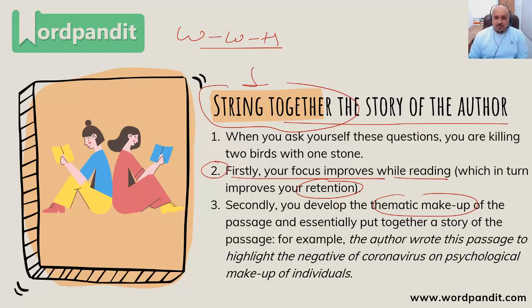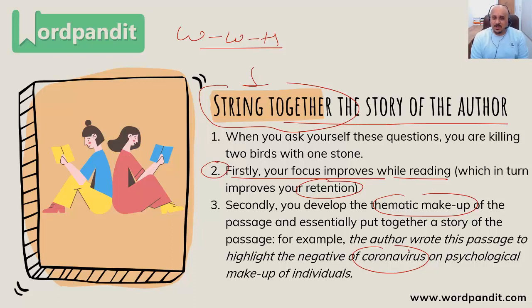So for example, coronavirus is one of the topics which is dominating the news this year for obvious reasons. So the passage might be based on the impact of coronavirus on the psychological makeup of individuals. The author might be trying to explain this to you. The passage might have numerous examples for the same, and you identify that all these examples are pointing to one thing.